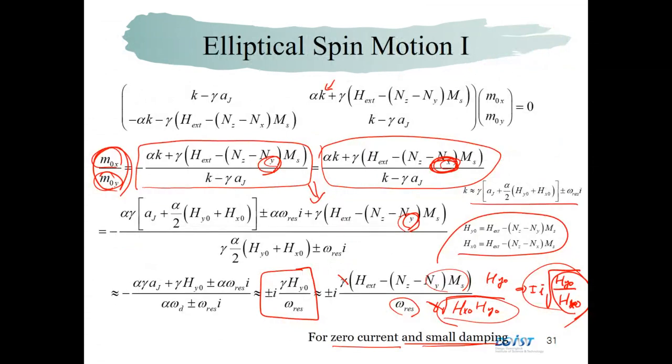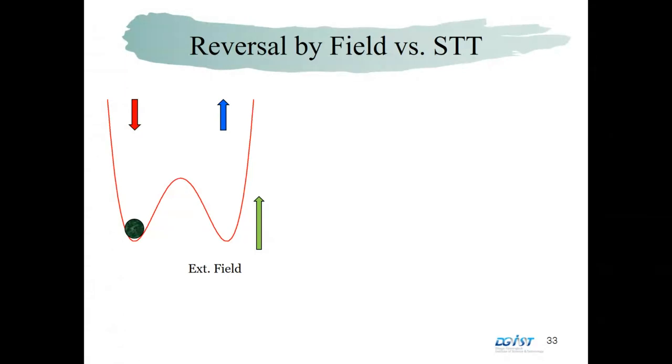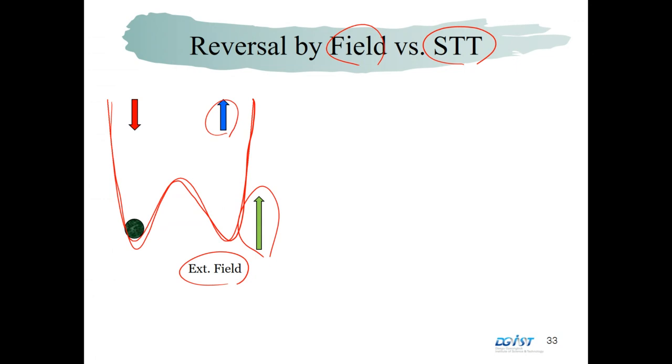Okay, so now we have a final view graph. Compared to switching by field and by STT, in switching by the external magnetic field, we have such a binary stable energy point. But if you apply the external field, the energy in this direction gets lower and the energy in this direction gets higher. We already solved this in the Stoner-Wohlfarth model.